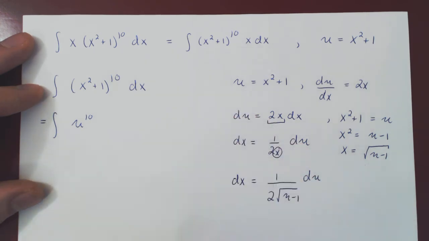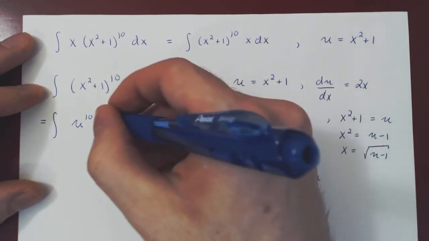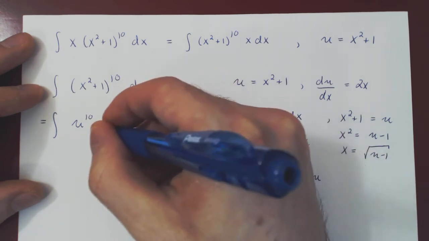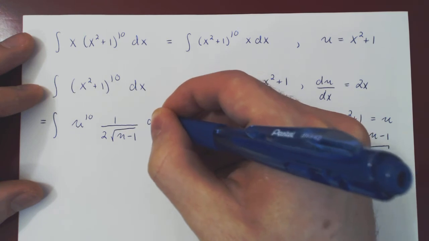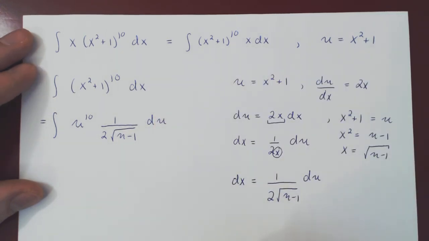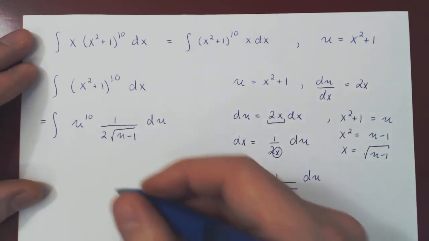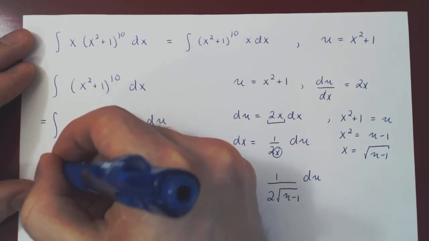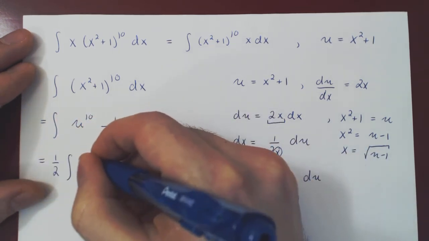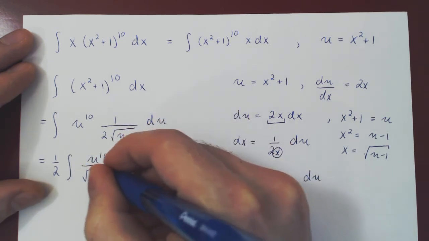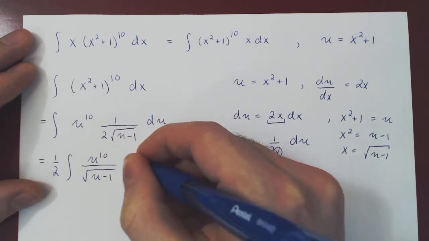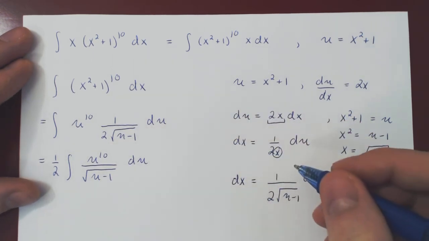Now we can make the substitution, and we're going to get our dx is 1 over 2 root of u minus 1 du. We can factor the 1/2, and you're going to be left with u to the 10 divided by the square root of u minus 1 du.